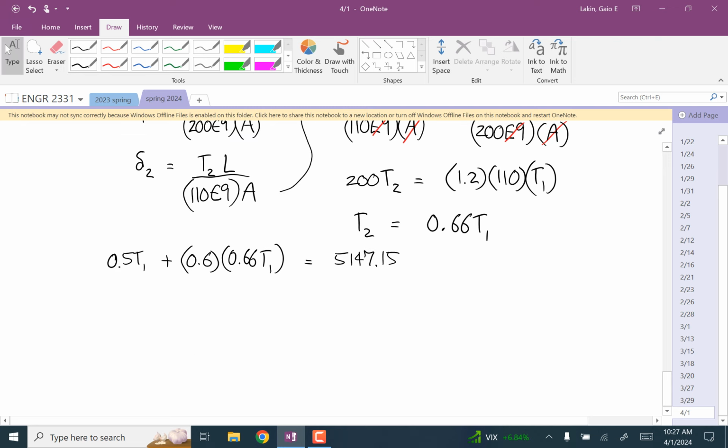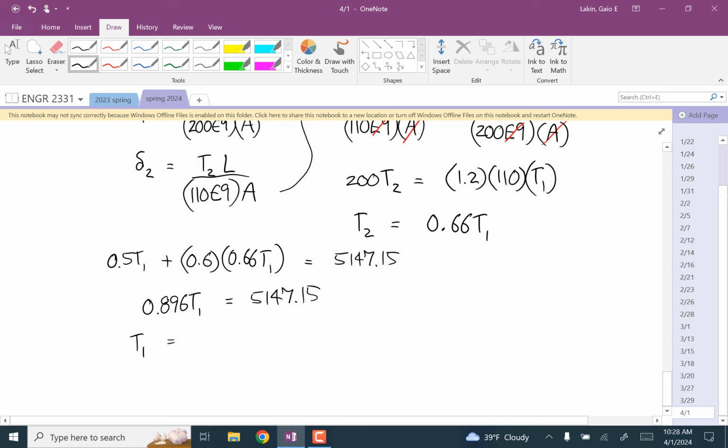5147.15. And you get 0.896 T1 is equal to 5147.15.